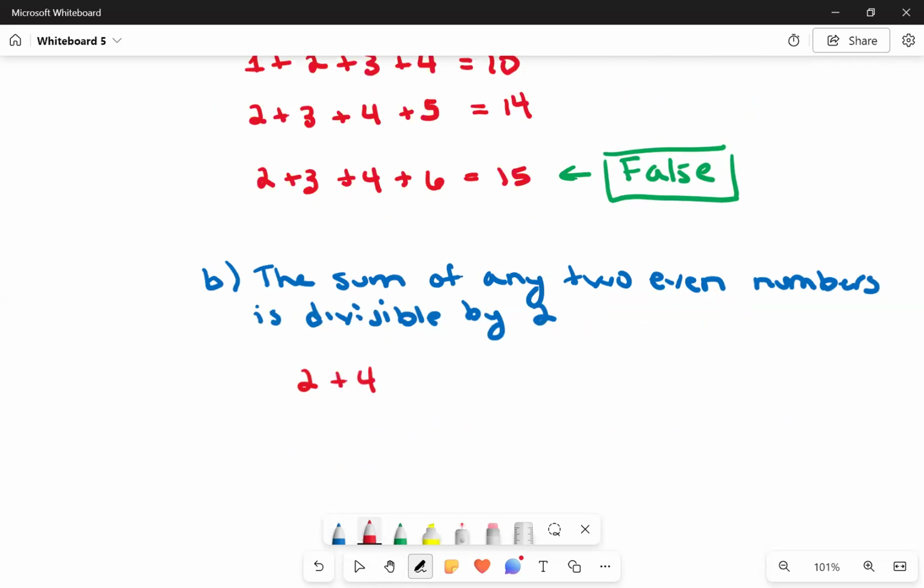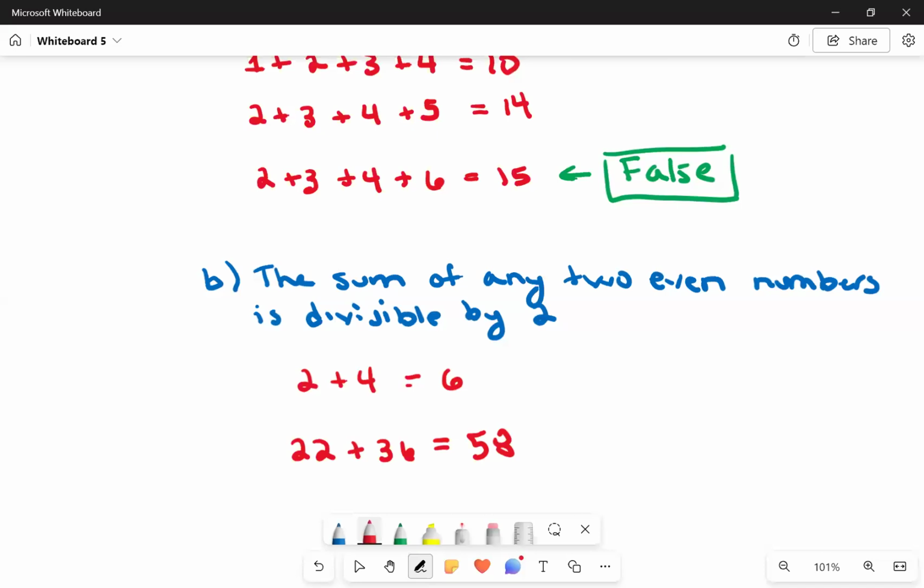If I add 2 and 4 together, that does give me 6, which is also divisible by 2. Let me pick more exciting even numbers. Let's do 22 and 36. Adding that together gives me 58. So it makes sense that if the numbers are even, they're probably going to add up to something that's even.